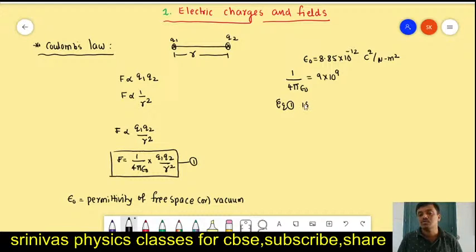Equation 1 is used. Some students write epsilon naught like E naught. Epsilon naught you should write like this, not like E. You should not write it like E. Remember it.